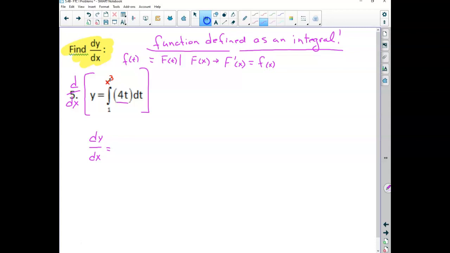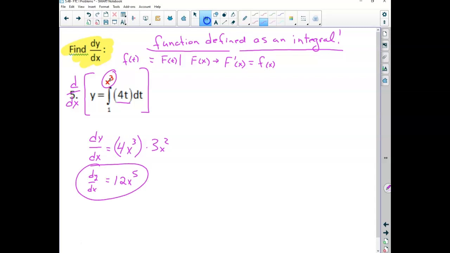So here is my little f. I'm going to say this is 4 with an x cubed in it, times the derivative of that guy, 3x squared. What does that give me? It looks like 12x to the 5th is my dy/dx. That should be the derivative of my function defined as an integral.